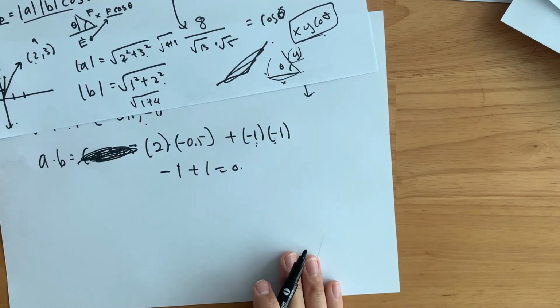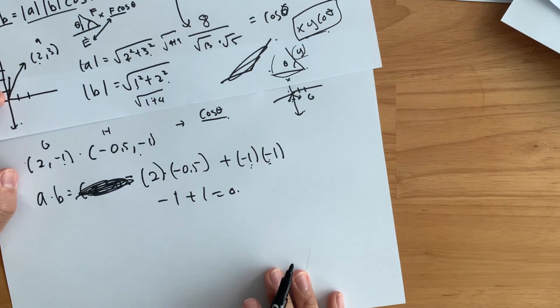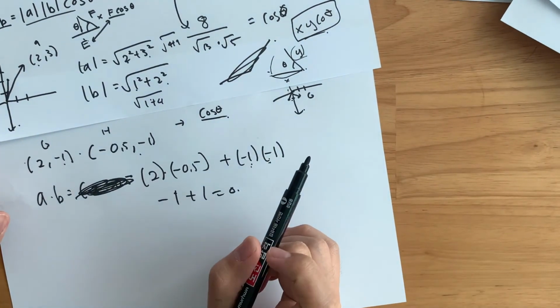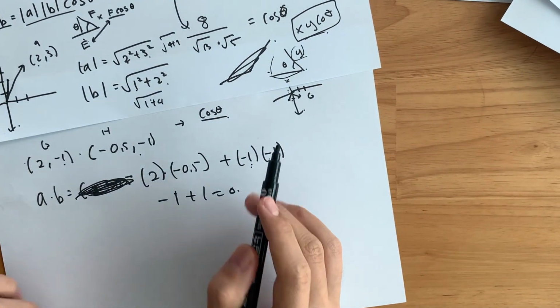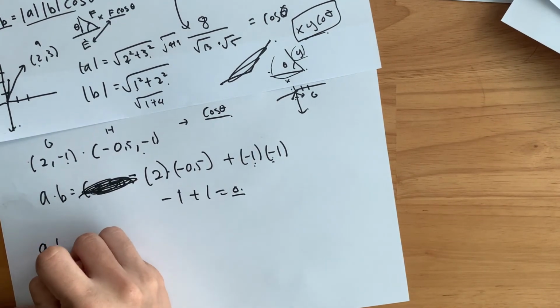If you look at this part, this one is 0. Why?